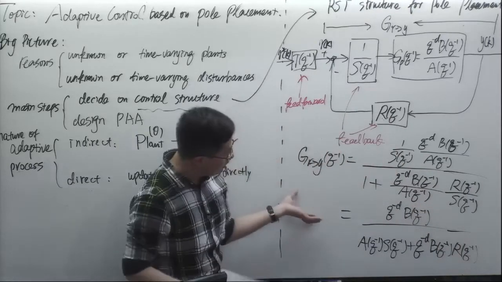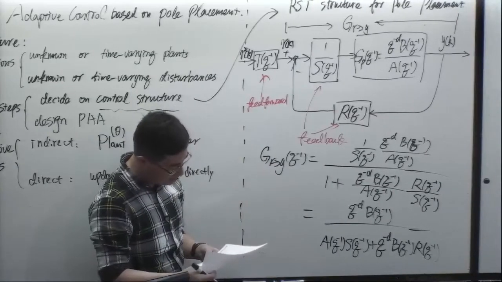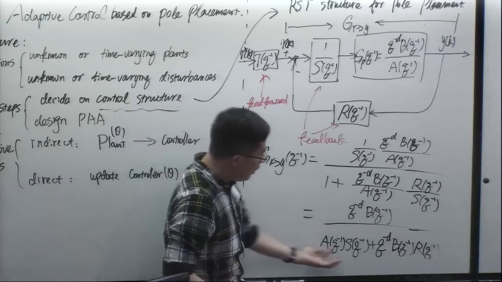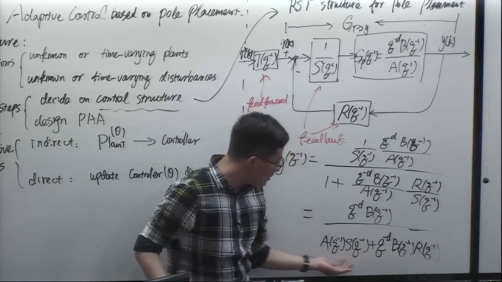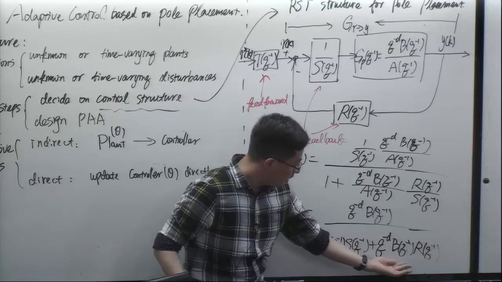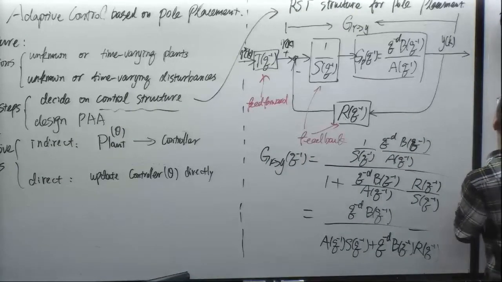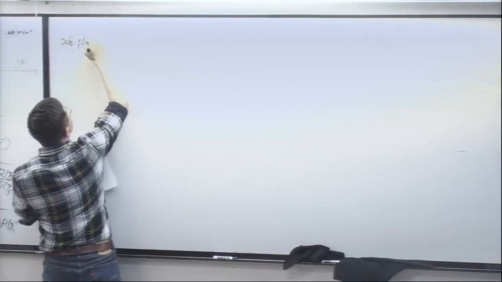That is the transfer function from R to Y. Pole placement works on this part. Pole placement starts from here. All right? So the pole placement happens by working on this polynomial.